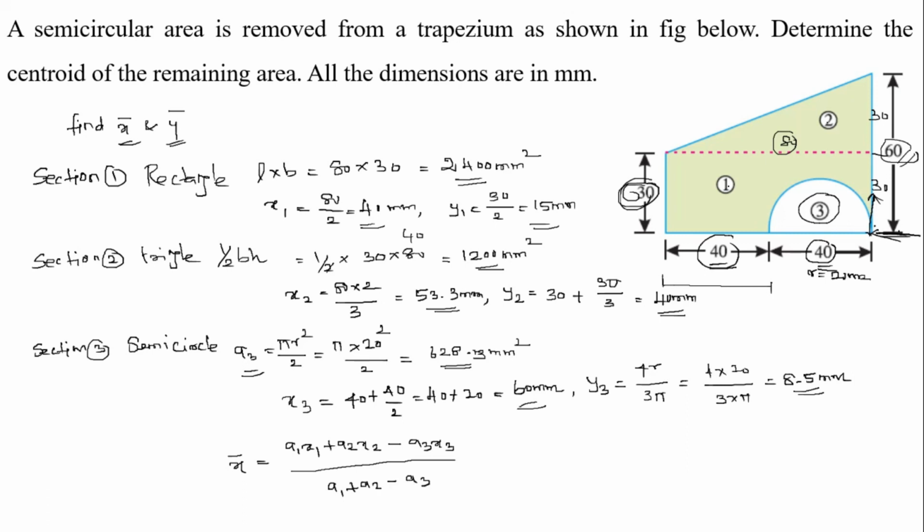We have to subtract section 3 from the total section, right. So, this is the formula for x bar, and what is the formula for y bar? y bar is equal to A1 y1 plus A2 y2 minus A3 y3 divided by A1 plus A2 minus A3, right. So, substitute all the values in this equation, right.